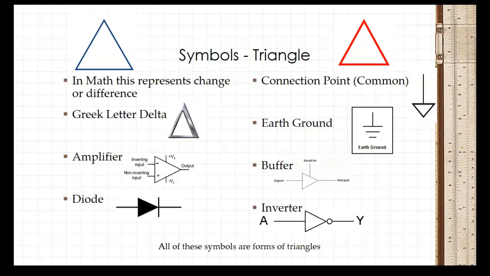Okay? You have a connection point or common, not to be confused with earth ground. That is one thing that will drive me absolutely insane, is people always use earth ground when they should be using common. Earth ground means you've got somewhere along your circuit a connection to earth.